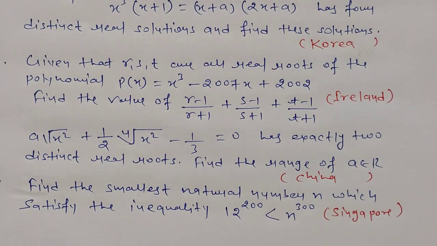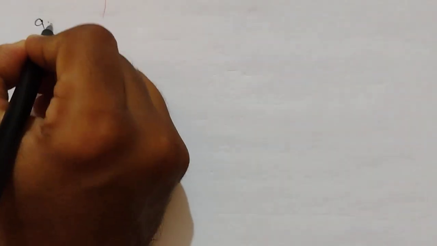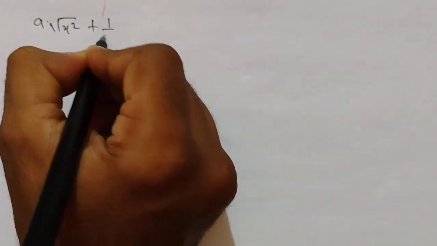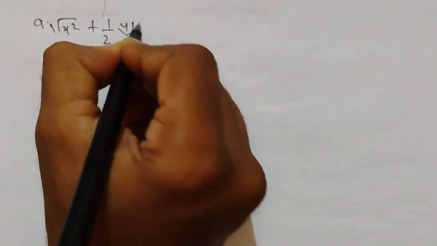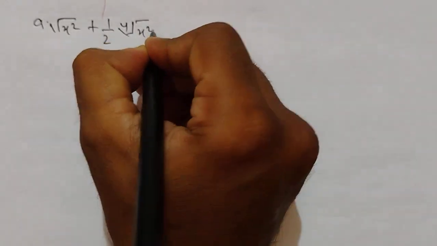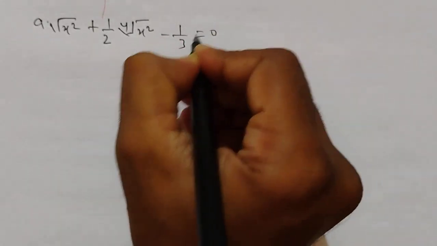So now what we can do here, we can simply write the equation which is given: a square root of x square plus 1 by 2 fourth root of x square minus 1 by 3 is equal to 0.